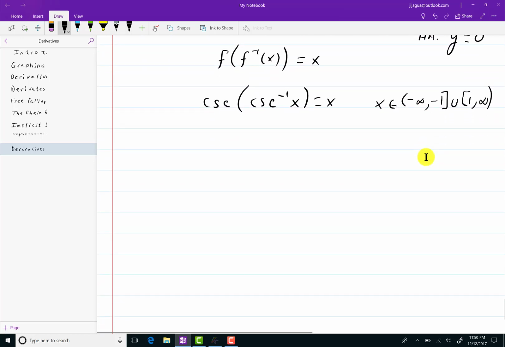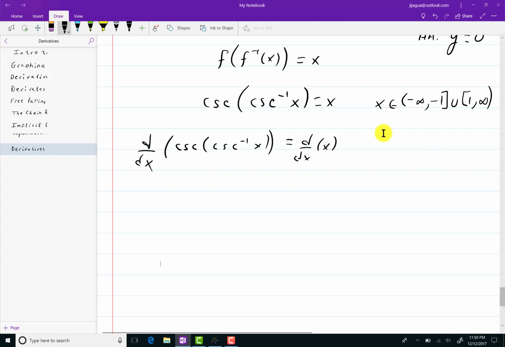Let's take the derivative of both sides. The hope is by the time I do this the third time, you'll be like, oh, this is so rote that it won't seem a problem when you go to try to do it yourself. So if I take d over dx of both sides, here's what I get. Now the basic derivative for the cosecant function is negative cosecant times cotangent.